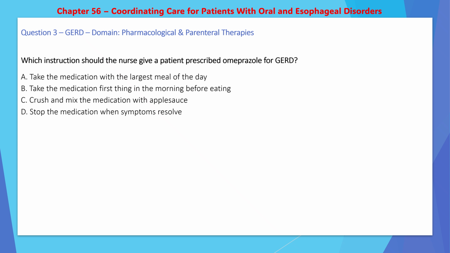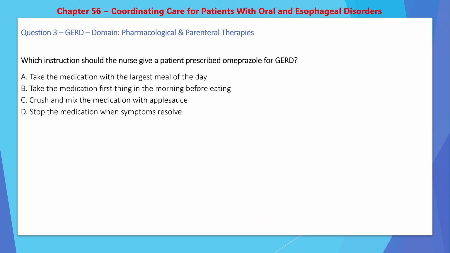Question 3, GERD, domain: pharmacological and parenteral therapies. Which instruction should a nurse give a patient prescribed omeprazole for GERD? Take the medication with the largest meal of the day. Take the medication first thing in the morning before eating. Crush and mix the medication with applesauce.